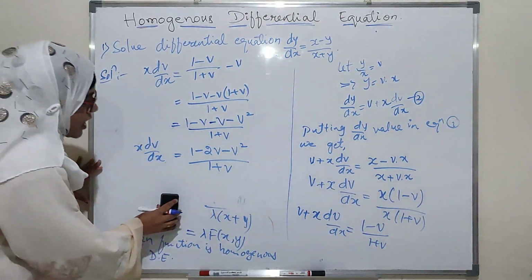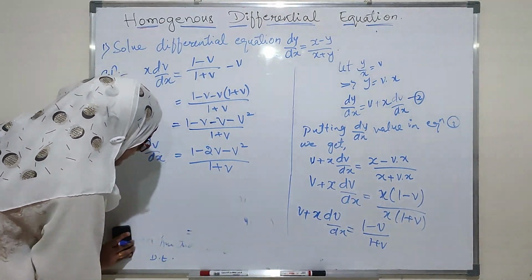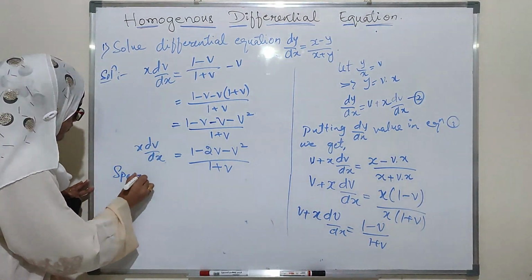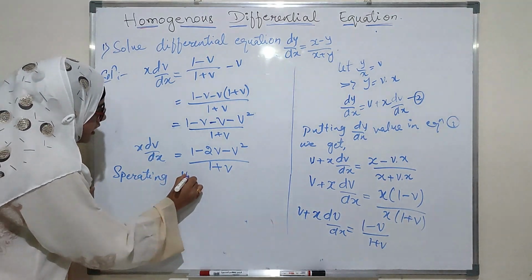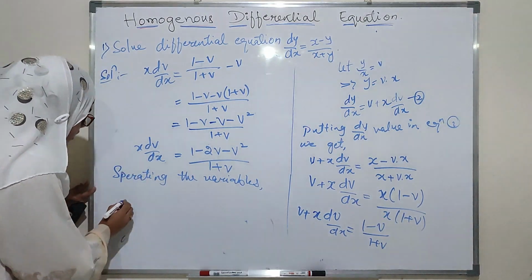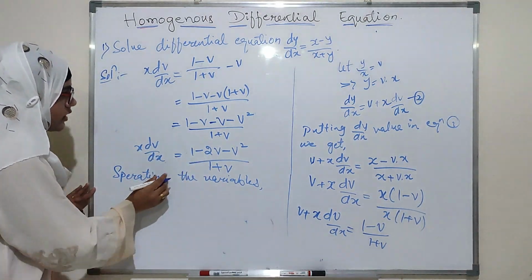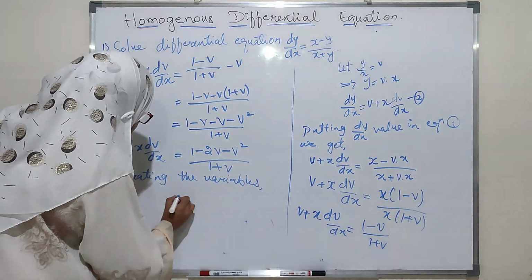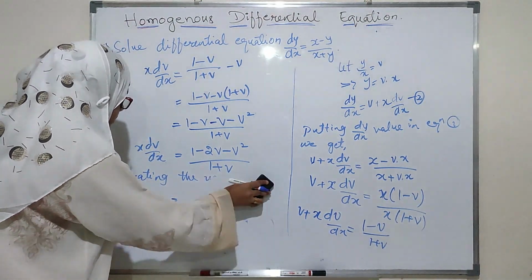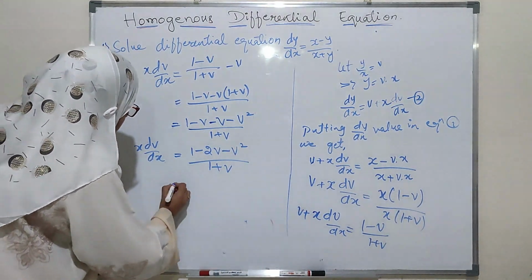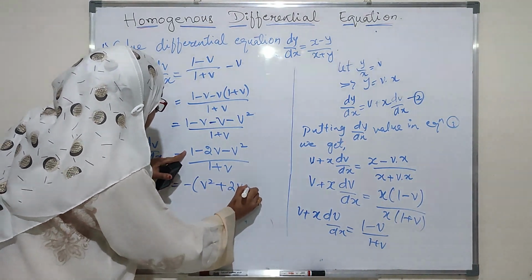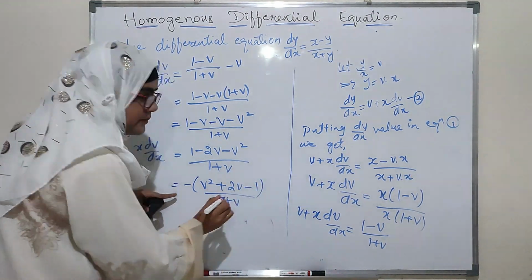Now we can go for the variable separable method. Separating the variables, here I am taking the minus sign common: minus of v square plus 2v minus 1 divided by 1 plus v.